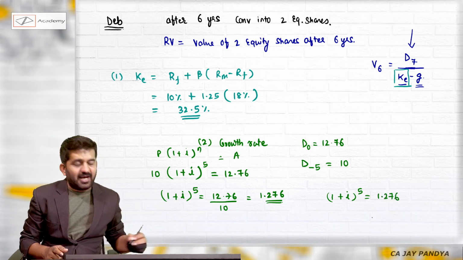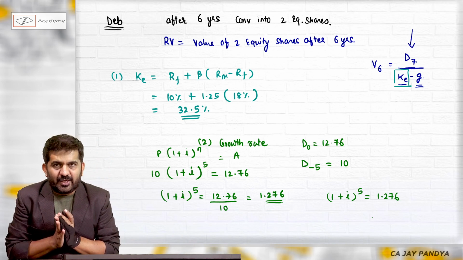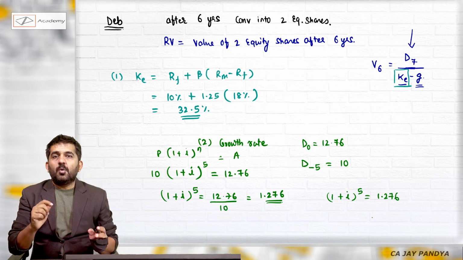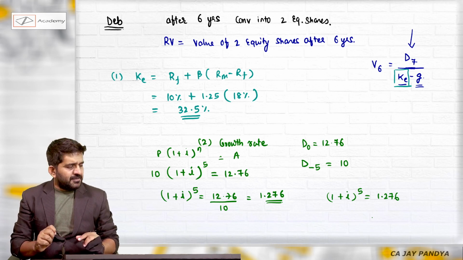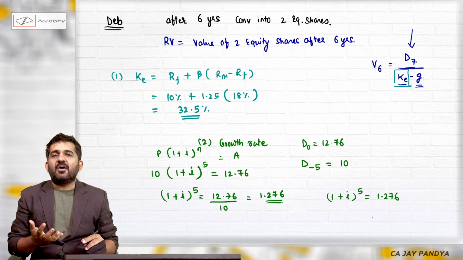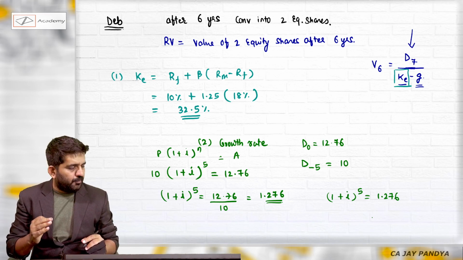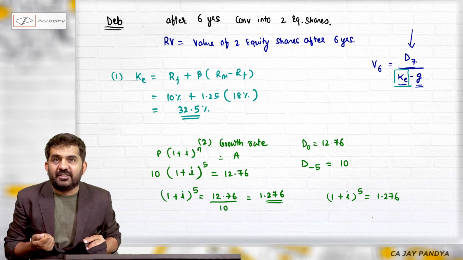What is this I? What is this rate of interest? Try to concentrate. It is very simple. 1 rupee is becoming 1.276 after 5 years.